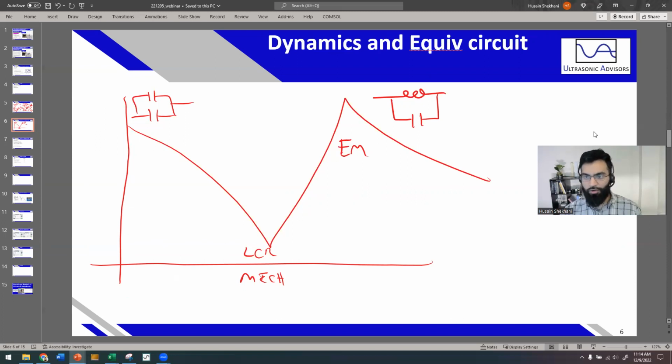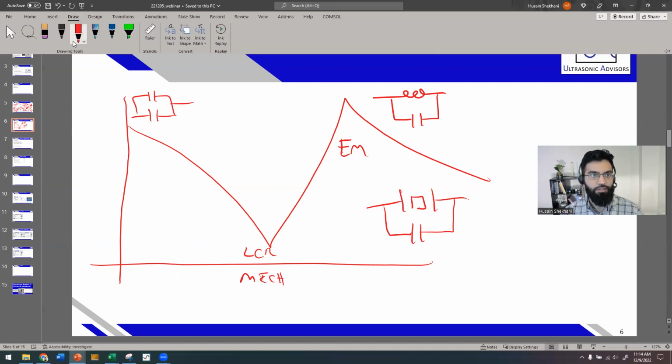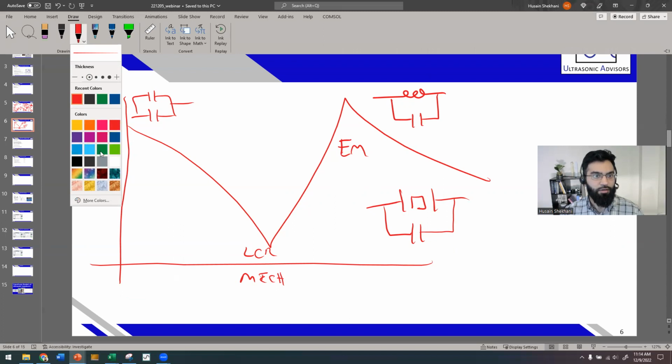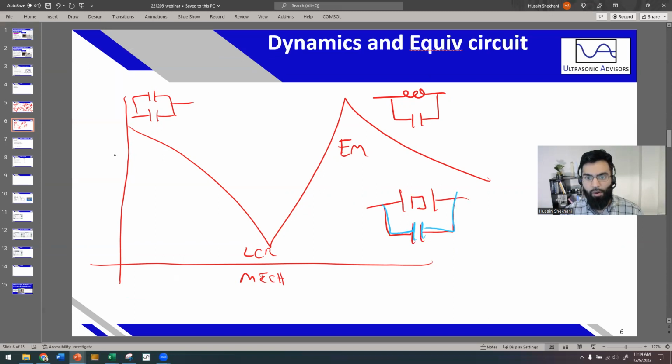Did you know that if you have a transducer, and I'm just going to draw it as a crystal, and if you intentionally add another capacitor here, like, hey, let me just stick on a 5 nanofarad capacitor. If you measure this, you will actually get, and let me put some color for you guys, all right, let me just put this in blue, what's going to happen is your anti-resonance frequency will decrease.